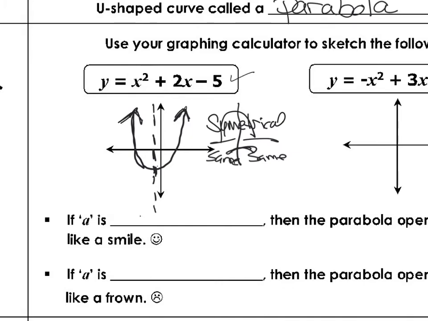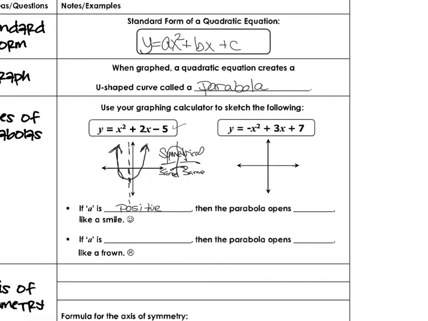All right, so in this case, your horseshoe is facing upward. This is when A is positive, then you're going to have a parabola that's facing up. Okay? If A is negative, then your parabola is going to be facing downward.